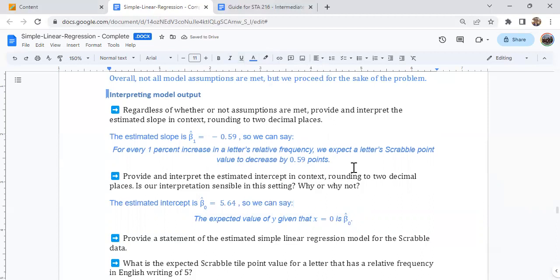And then instead of y, just like last time, we'll say expected value of a letter's Scrabble point value given that x equals 0.